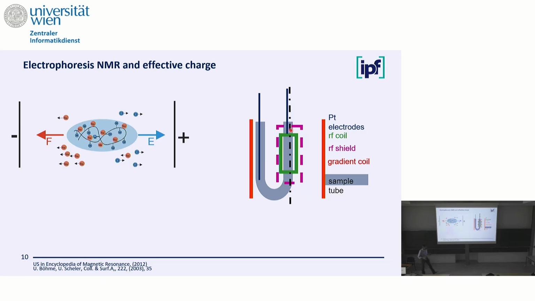The pulse gradient NMR experiment, the way we do it, takes tens of milliseconds. On that time scale, with the voltages that I apply, I only see a steady state. Some time ago, we spent some days in the lab trying to see some acceleration. We never saw any signature of that. So we get a steady state between the electric field pulling on the charged objects I'm looking at.